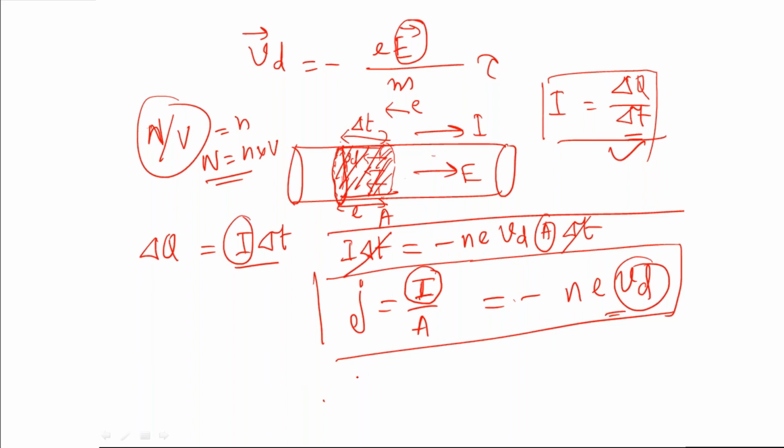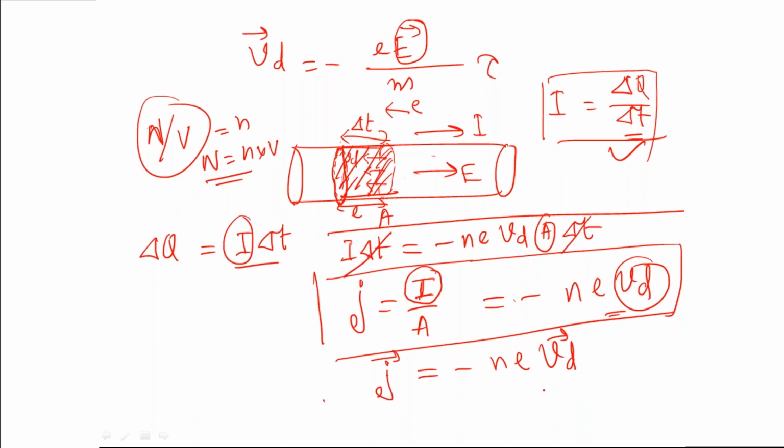So this is a vector quantity, because this Vd is a vector quantity. This is the expression I have got now.